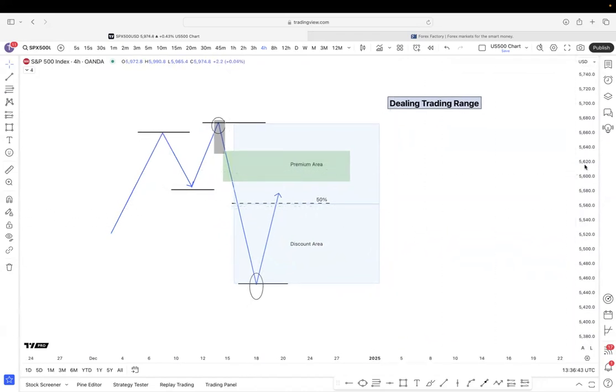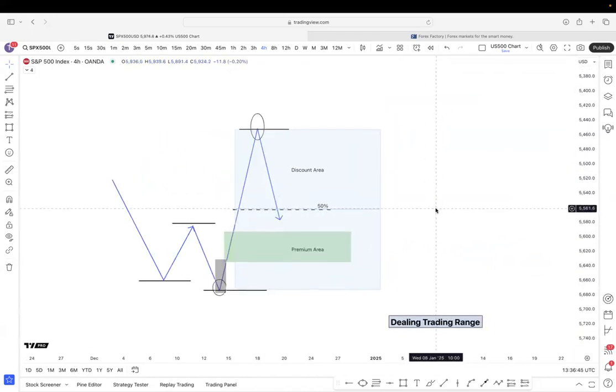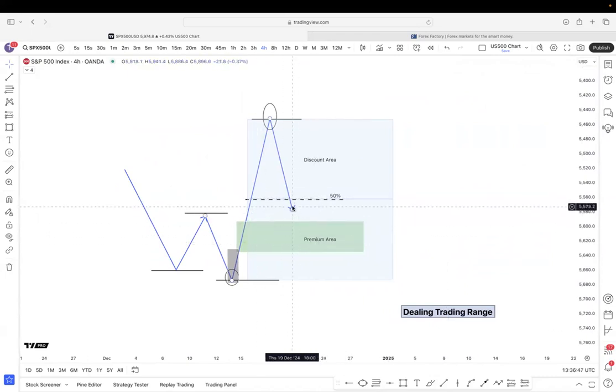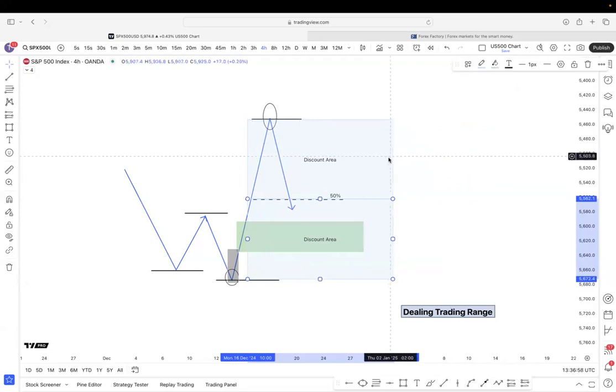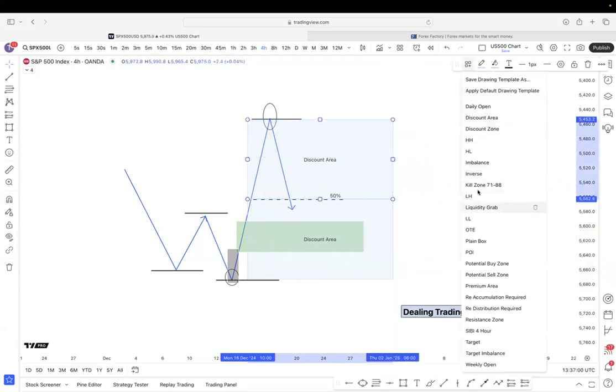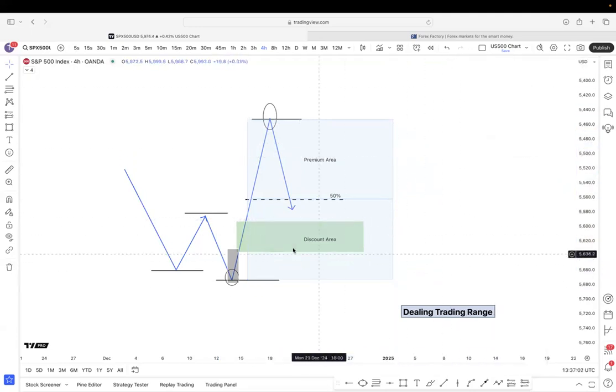Now, if I was to invert this chart right here, we are still looking for price action to come into 50% of the trading range. But this time, this would flip. We want price to come into a discount area because the bottom is going to be the discount and the top is going to be the premium.